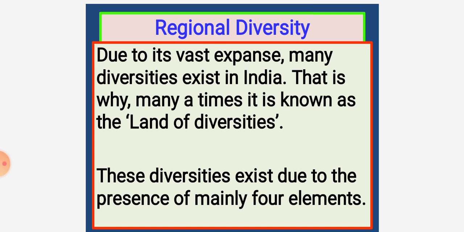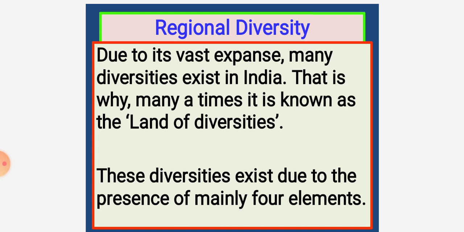That is why it is known as the land of diversities. There are different types of climates, festivals, religions, castes, people and occupations. So much variety is there that we call India the land of diversities.